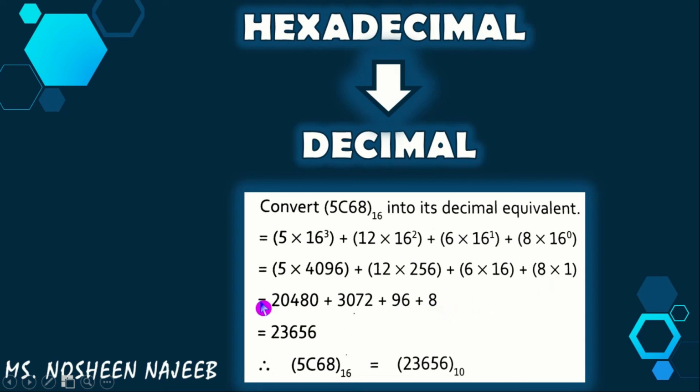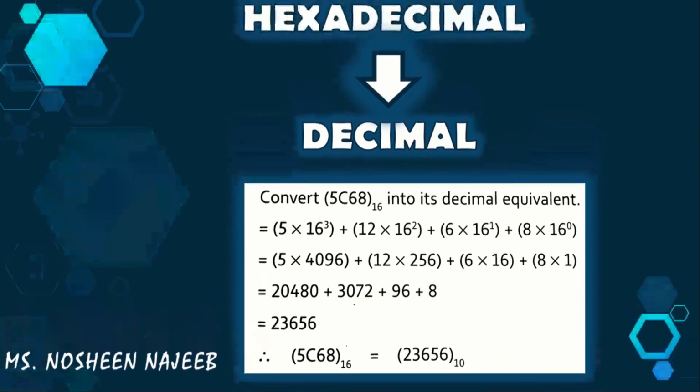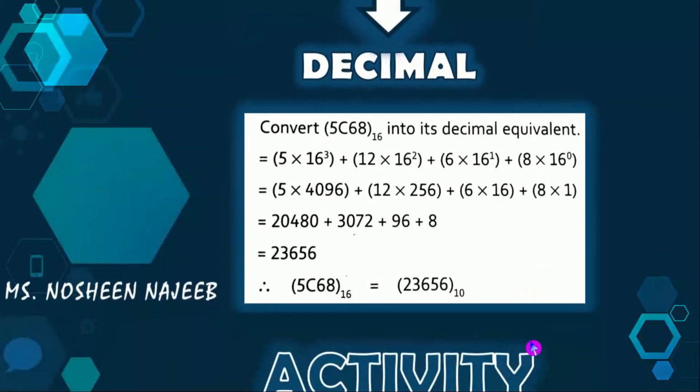At the end of this step you have to add these values, so the answer will be 23,656. Hence 5C68 from hexadecimal number system equals 23,656 in decimal number system.